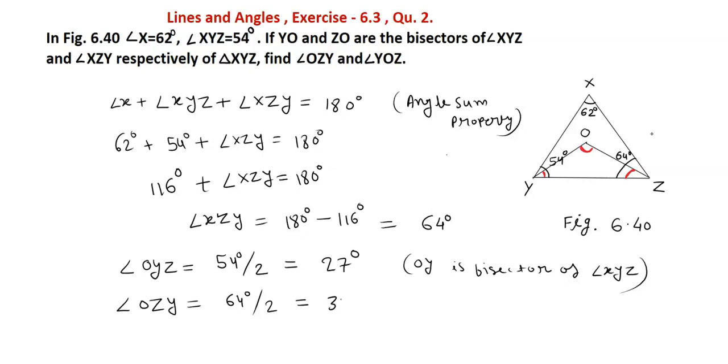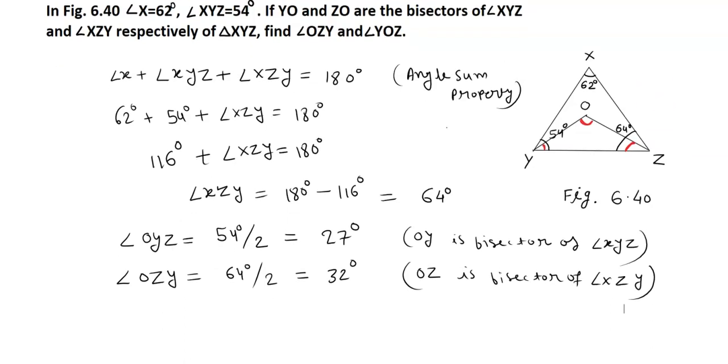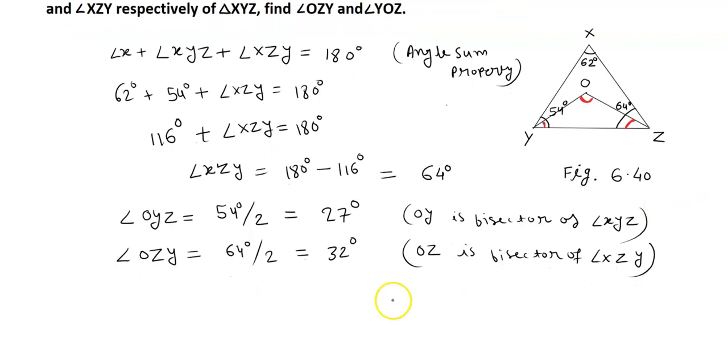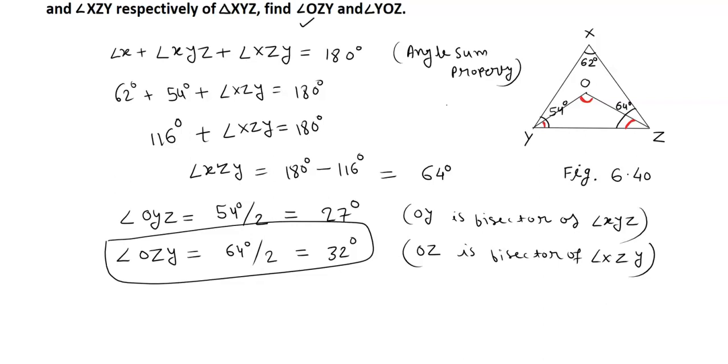So it will be 32 degrees. Why? Because OZ is the bisector of angle XZY. Got it? Now, OZY is obtained here as 32 degrees, and this angle OZY has been found.